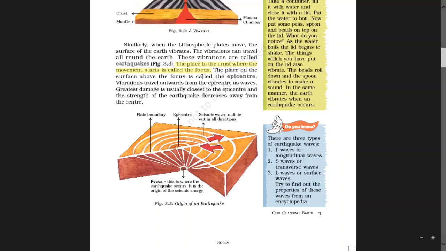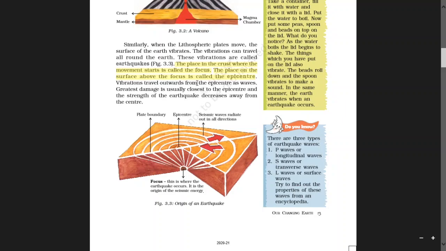The place on the surface above the focus is called the epicenter. Mark this one also. What is focus? What is epicenter? You have to know this.